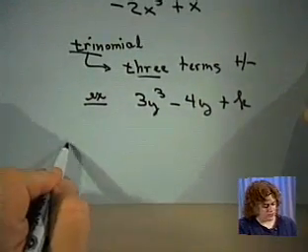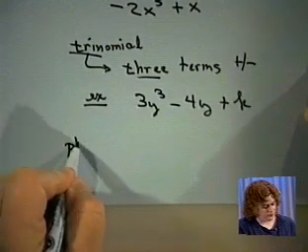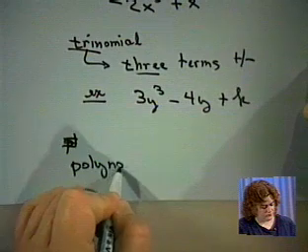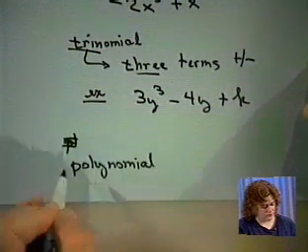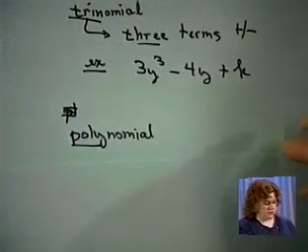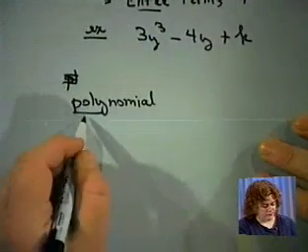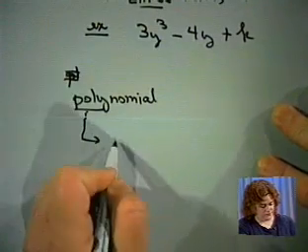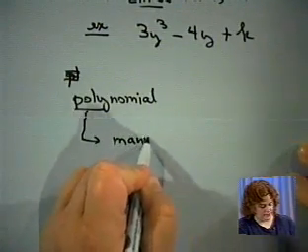And finally, we get to a polynomial. Poly means many, and so this is just many terms added or subtracted.